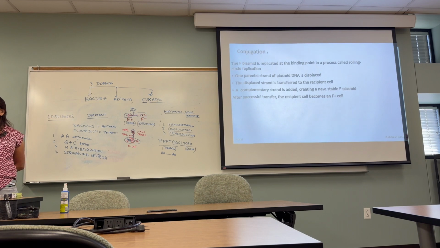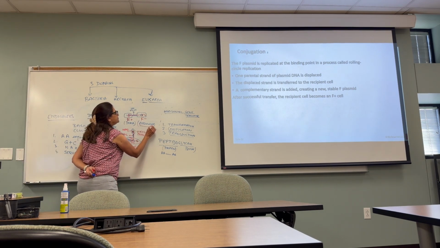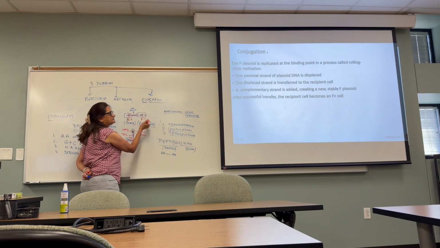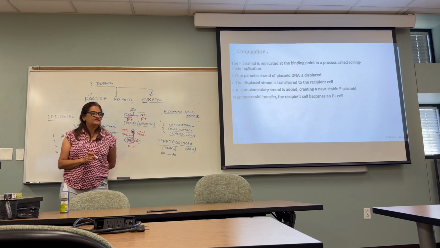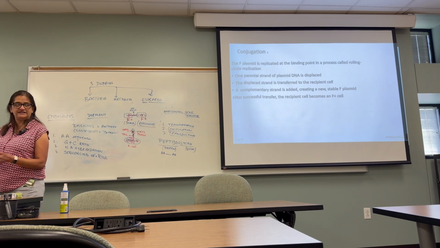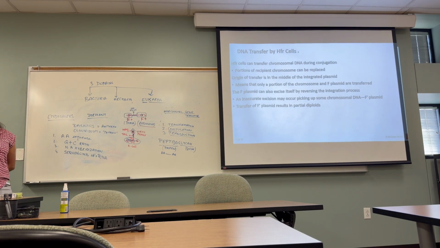Okay, a complementary strand is added, creating a new stable F plasmid. After successful transfer, this recipient cell will also become F plus. Make sense? To begin with, it was F minus. Okay, so this is basically the story.